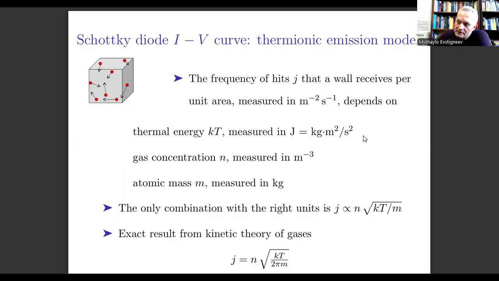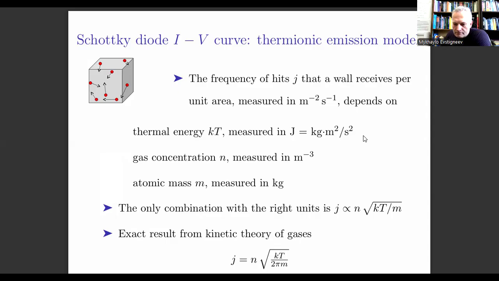We know the mass of the gas molecules, and let's say we want to figure out the pressure on the walls of this vessel in which the gas is. We ask ourselves how many times, on average, do the gas molecules hit the surface of this container, per unit surface area.